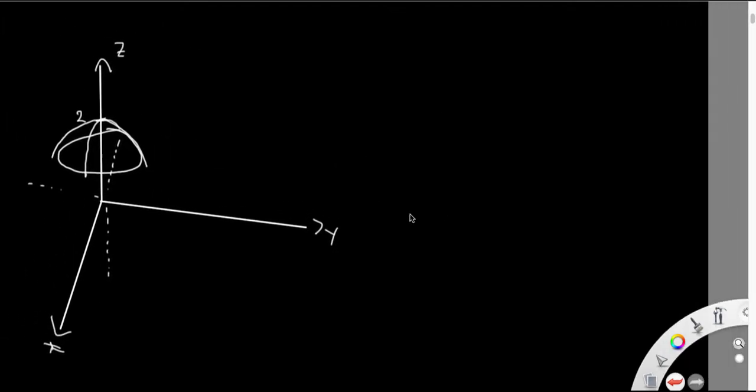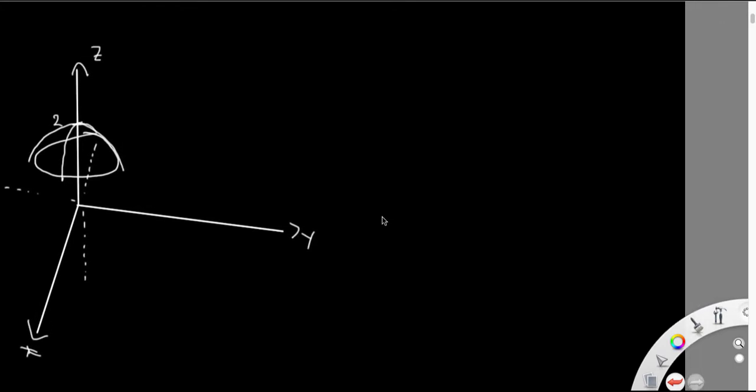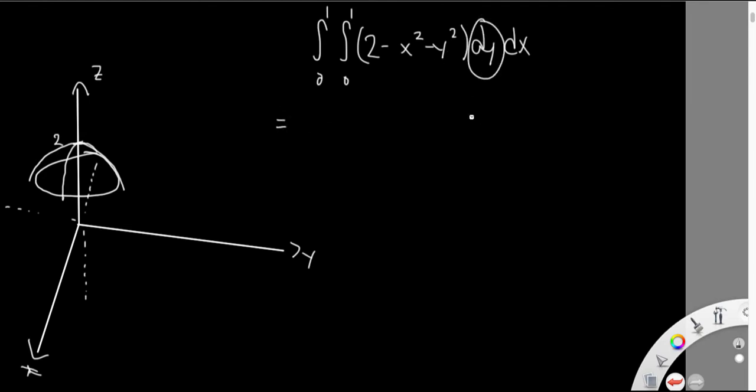We'll go ahead and evaluate the double integral from 0 to 1, 0 to 1 of 2 minus x squared minus y squared dy dx. Evaluate with respect to y first.